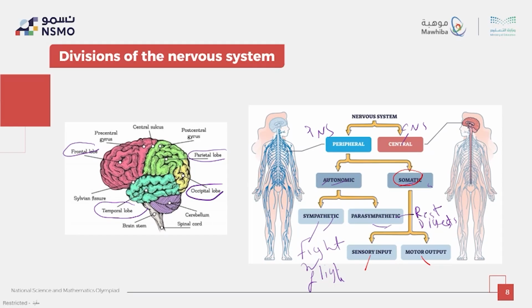That's for vision. And also we have something for balance and coordination. It's called the cerebellum. It's for balance and coordination, as we said. And finally, we have the brainstem. It's for controlling breathing and the heart pumping.